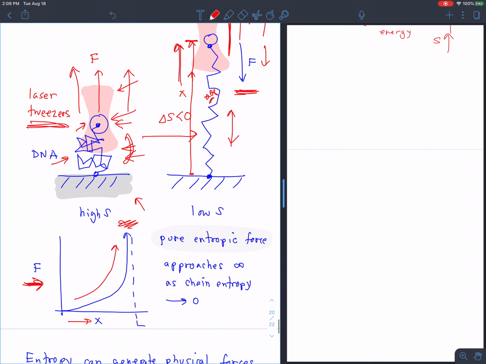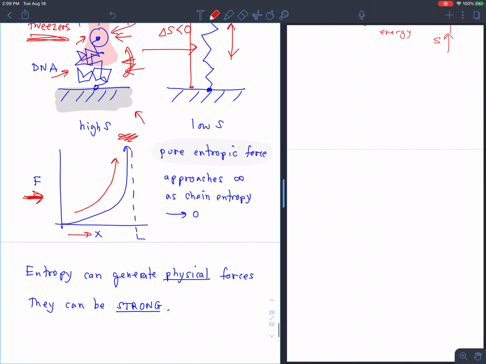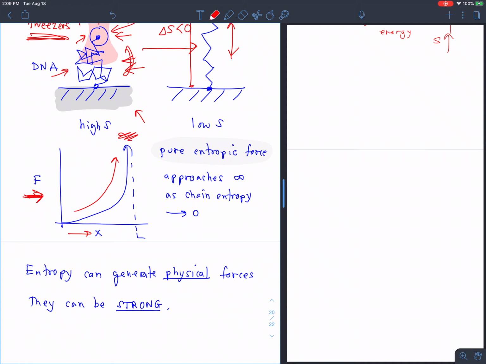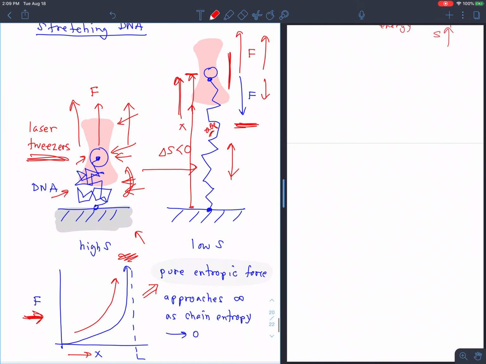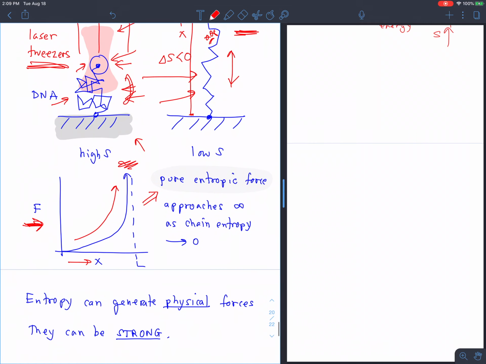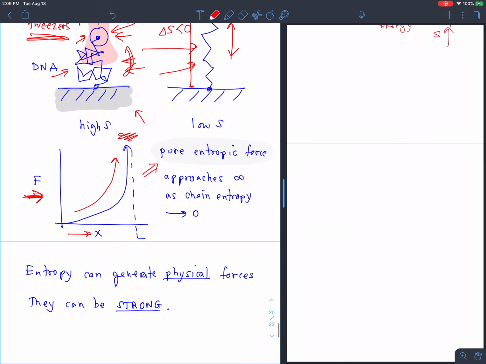And this effect, especially for the shorter extensions, is a purely entropic effect. It's purely due to the loss of chain configurational entropy due to straightening out the chain and therefore restricting the angles that are available to the links in the chain.